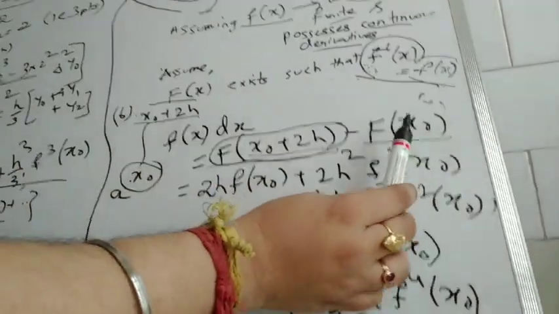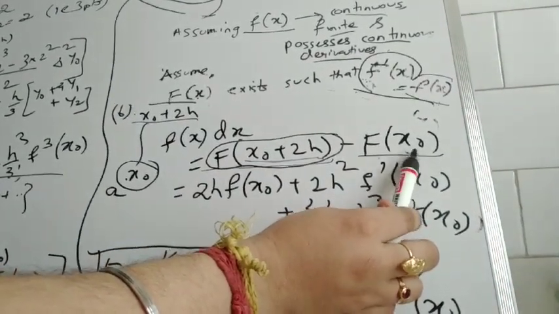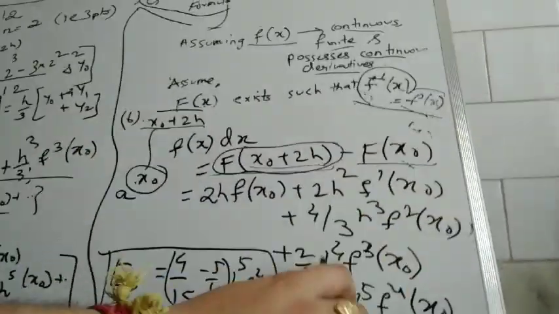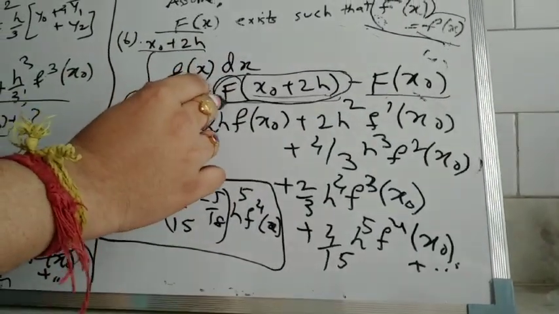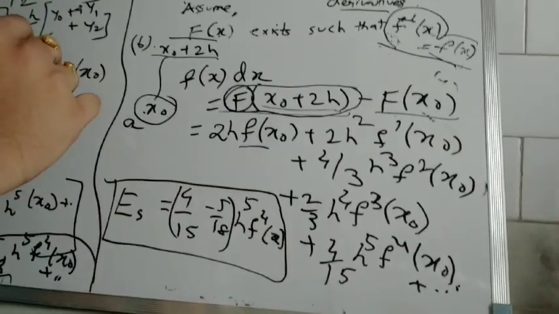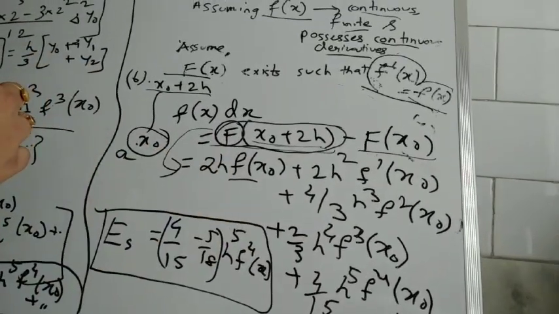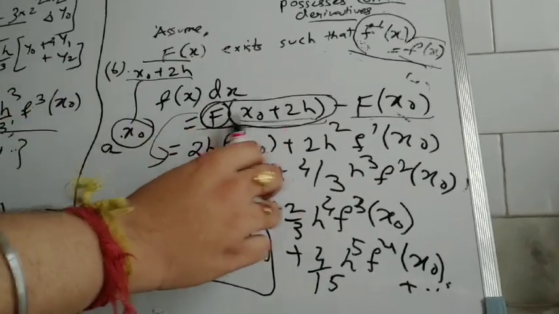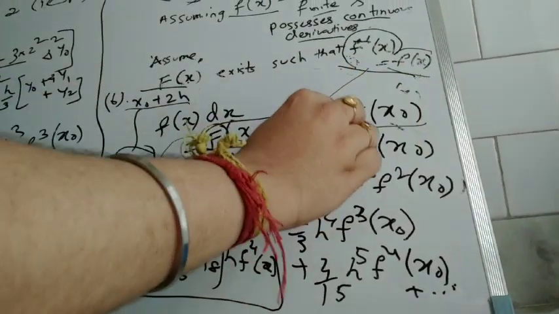Don't play with this one. If you expand it and simplify, you will get this. Just remember, we need to convert capital F to small f. If you don't understand this step, just take out a pen and paper, expand this one, and try to map this.